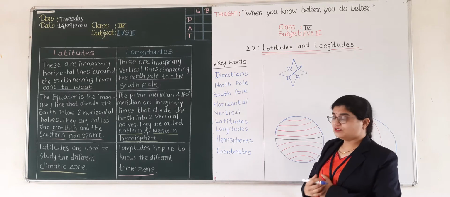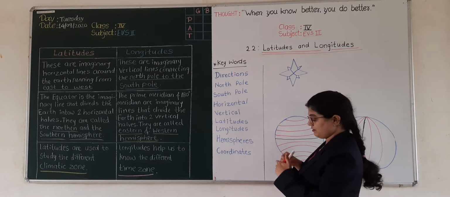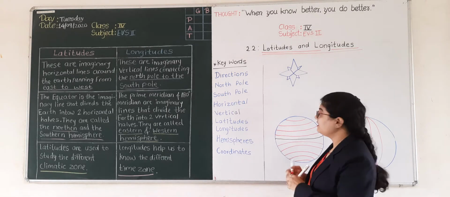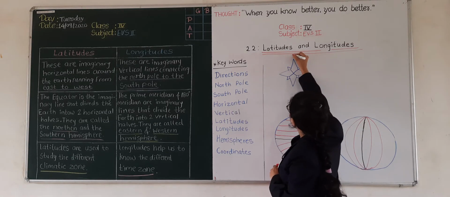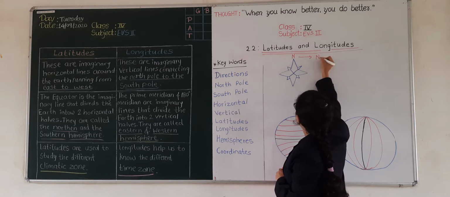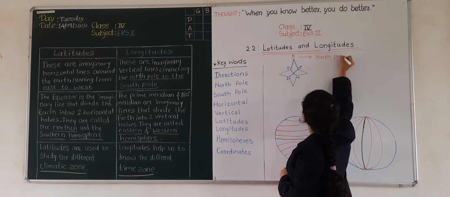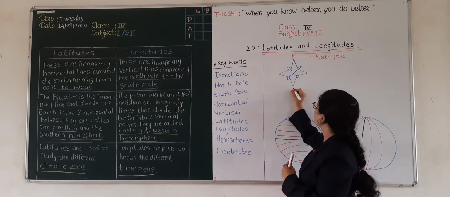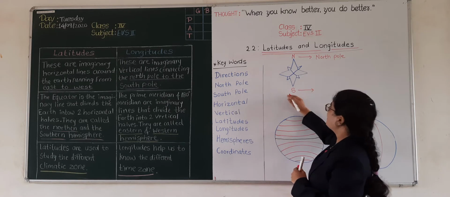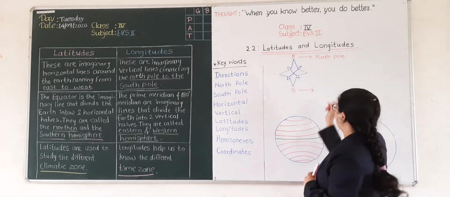Do you know that this upper side direction or upper side needle, it shows N. N means North Pole. Which pole? North Pole. Then this is downside S. It shows South Pole.